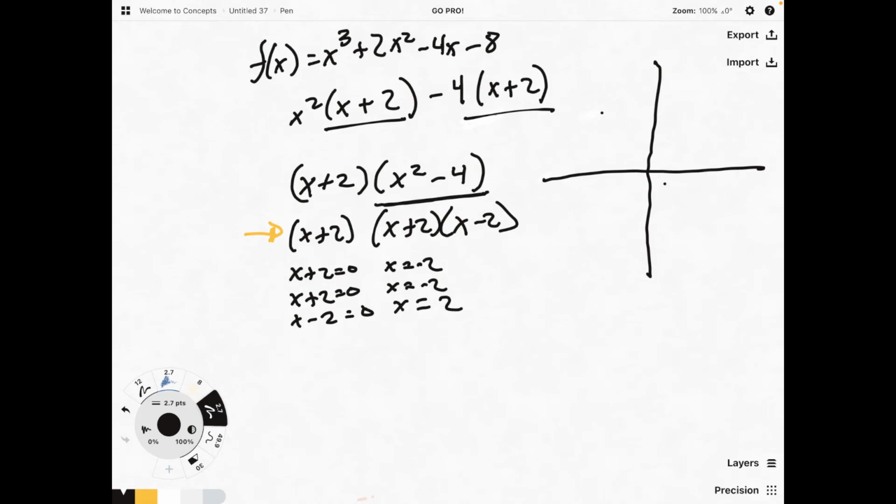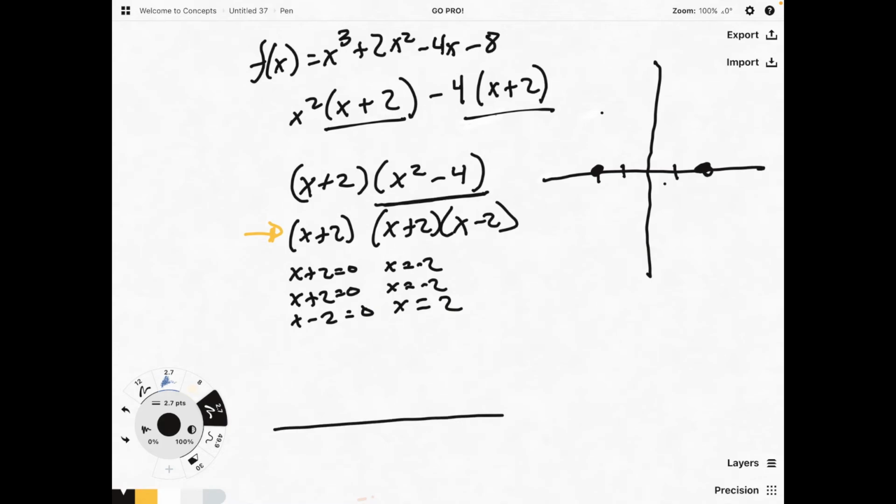We know that it does not intercept at the origin. That means we are left with, again, a -2 and a 2. And this is where we're going to figure out what the graph is doing. Now that we understand that, we need to use our sine table to figure out the direction of the graph before and after our intercepts.